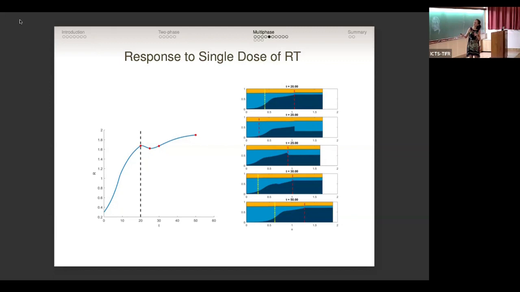And you can see that by t equals 50, the tumour has regrown past its initial size and its composition is being restored. So I guess you can notice here the positions of these internal free boundaries marking the transition from proliferating to hypoxic to necrotic.